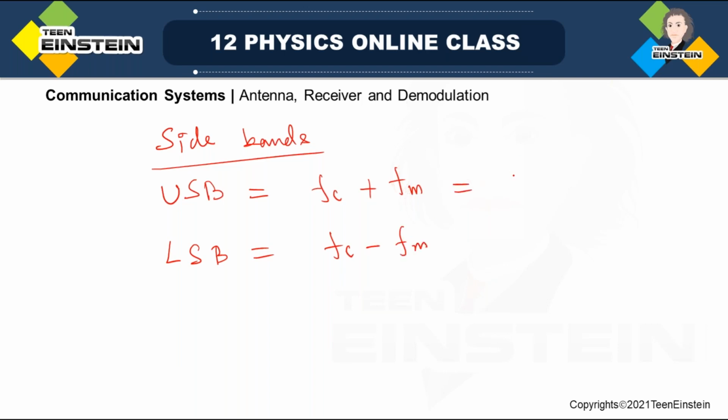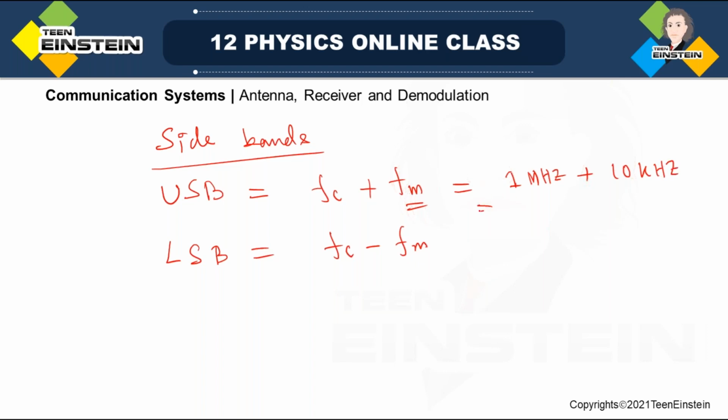FC is given as 1 megahertz, and the message signal is given as 10 kilohertz.